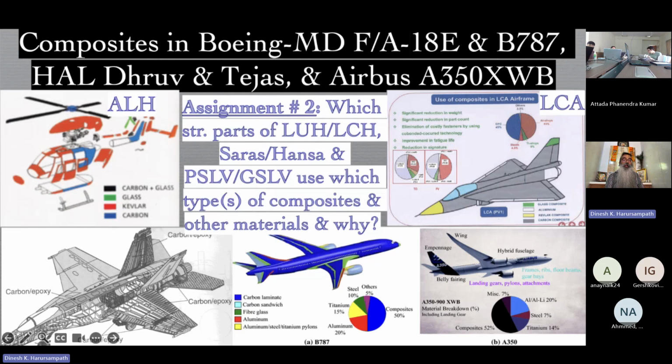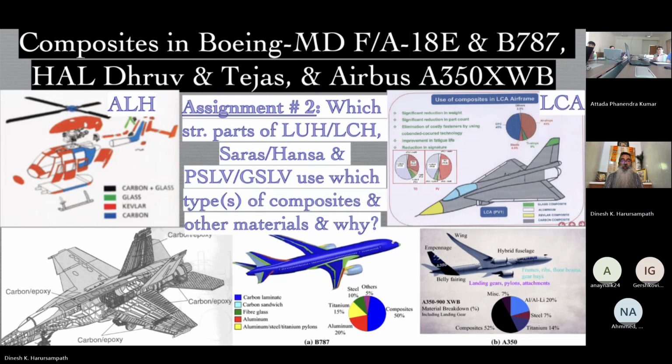For example, the Advanced Light Helicopter, ALH, which is manufactured by HAL, Hindustan Aeronautics Limited, is also called Dhruv. And some of the fighter aircraft it makes, like the Light Combat Aircraft, also called Tejas, use a very large percentage of composites.